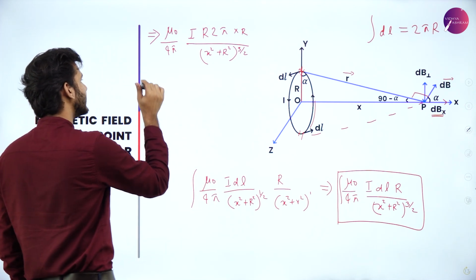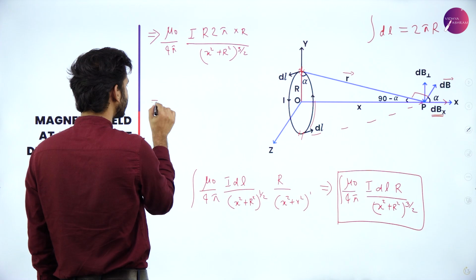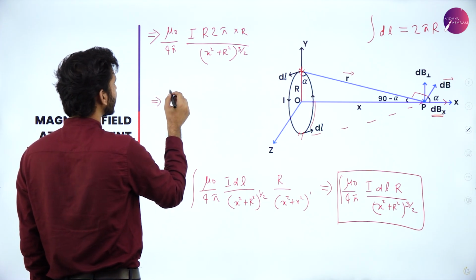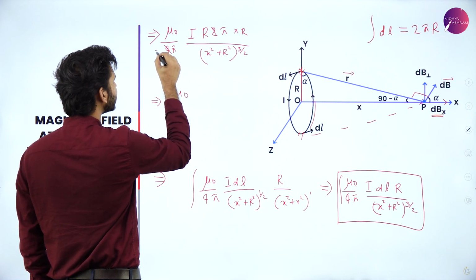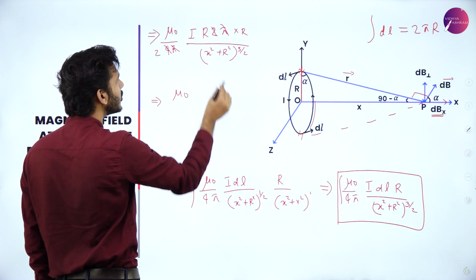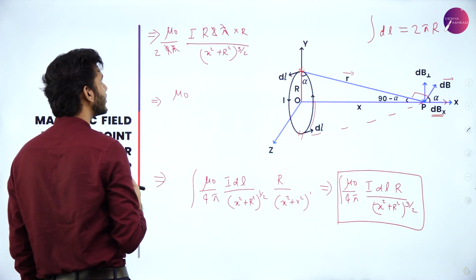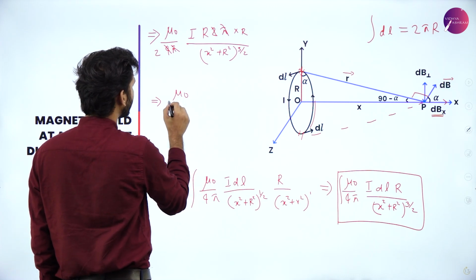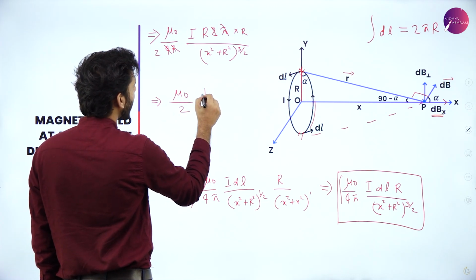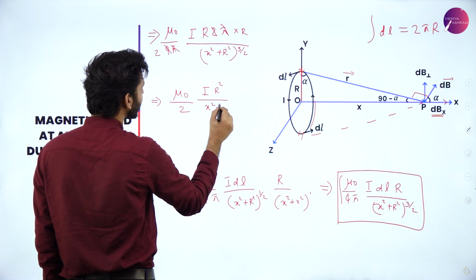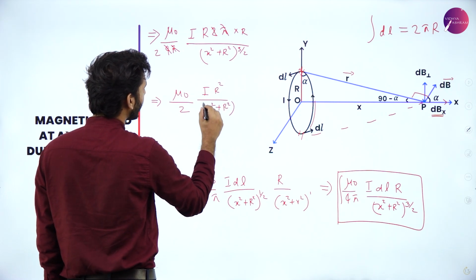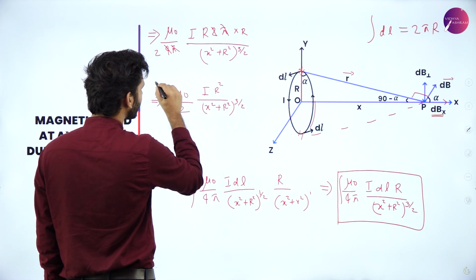Clear? And then reducing it even further, we can write mu naught. Here 4 and 2 will cancel to 2, pi and pi will go, r and r will combine together to form r square. So it will be mu 0 by 2 I r square divided by x square plus r square whole raised to 3 by 2.